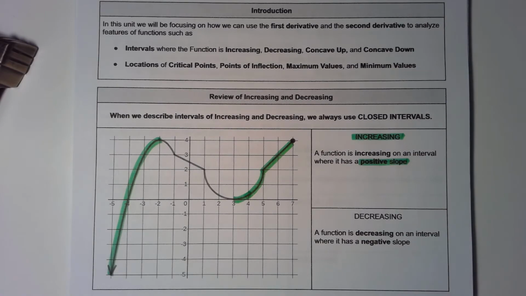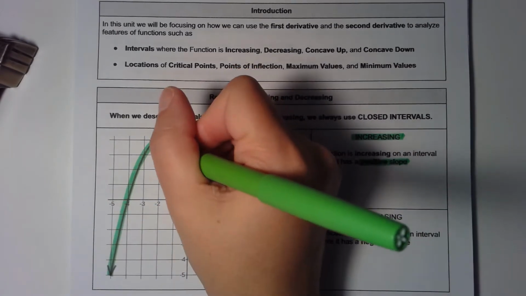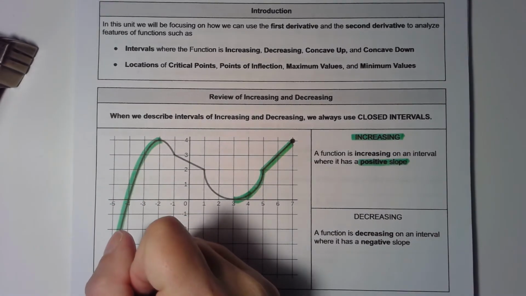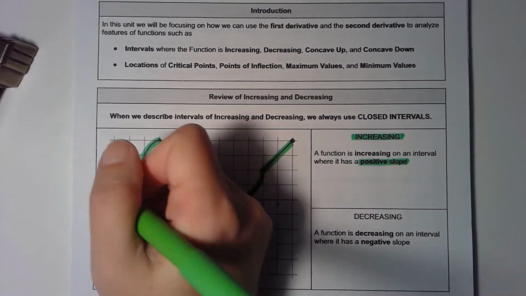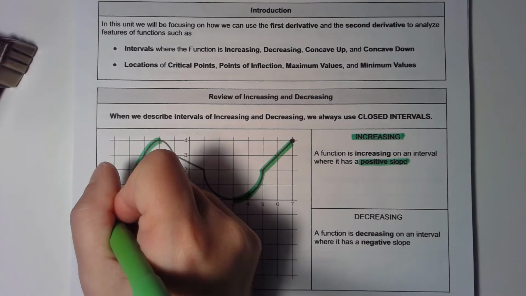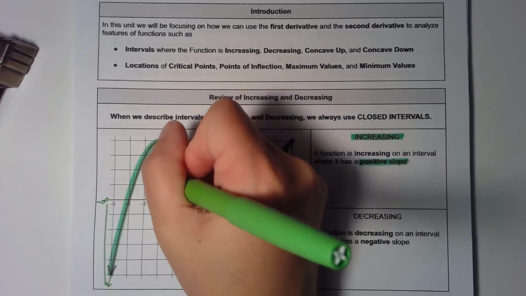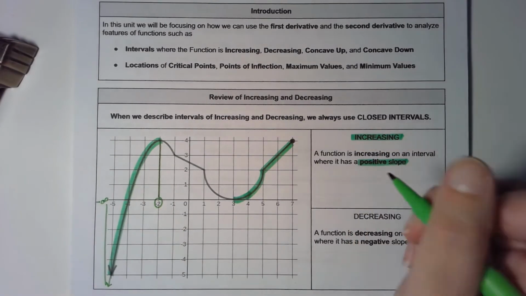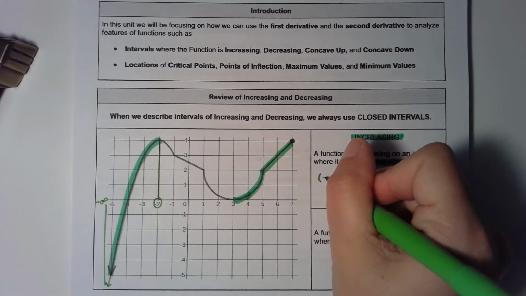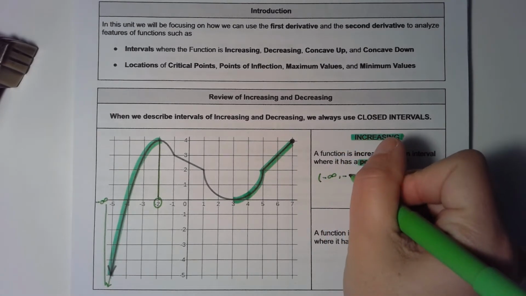Now, when we name where a function is increasing, we use the x values. So since this function has an arrow at the end here, we say that it goes towards negative infinity as its x value. And then that stops right here when x is -2. So our first interval would be negative infinity, comma, -2.